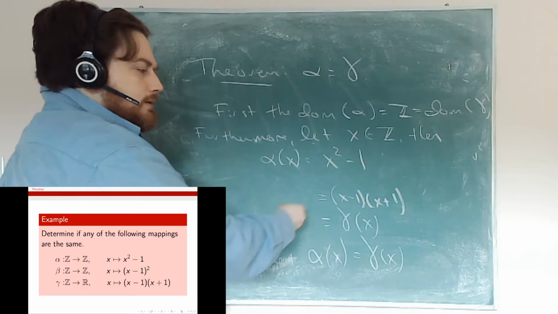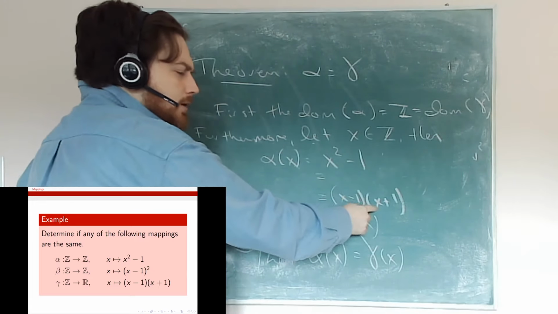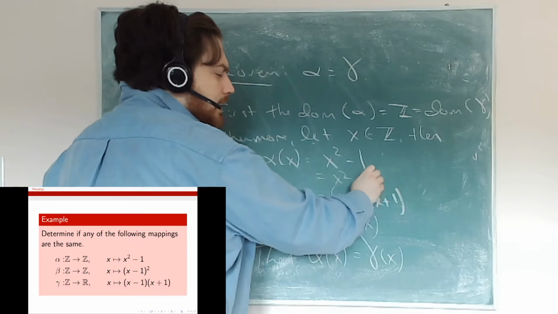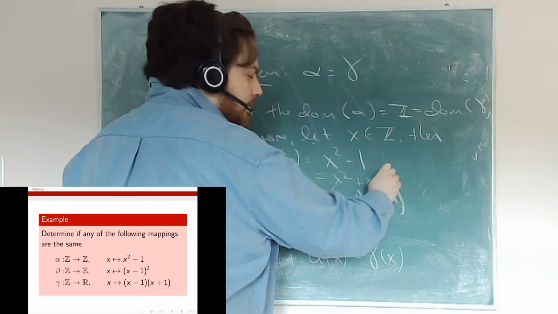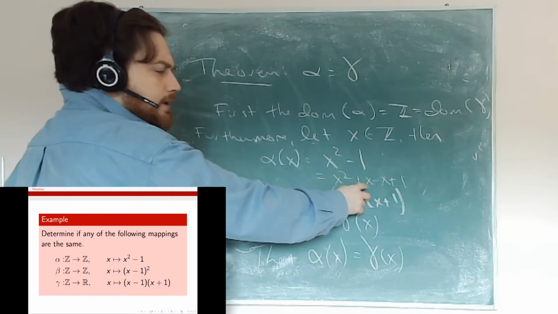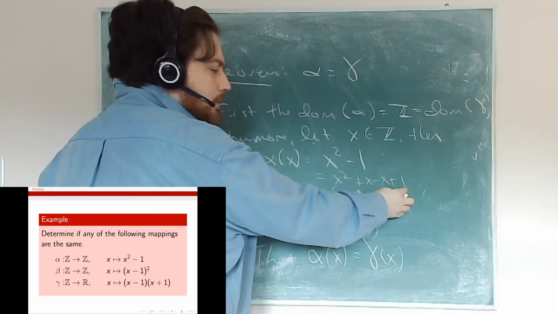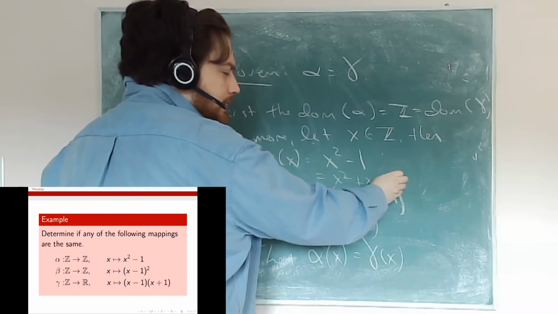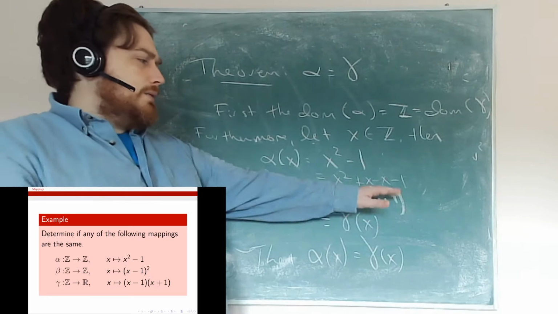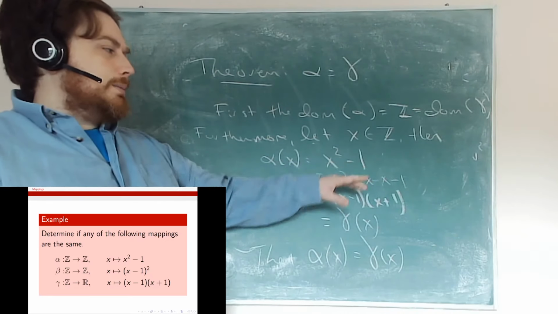Well, if you don't see that those are equal, what I could do is multiply these out, and I get x squared plus x minus x minus 1. Working this direction, x squared plus x minus x is 0, minus 1. Negative 1 times positive 1 is negative 1. So if I simplify this, I clearly get x squared minus 1.